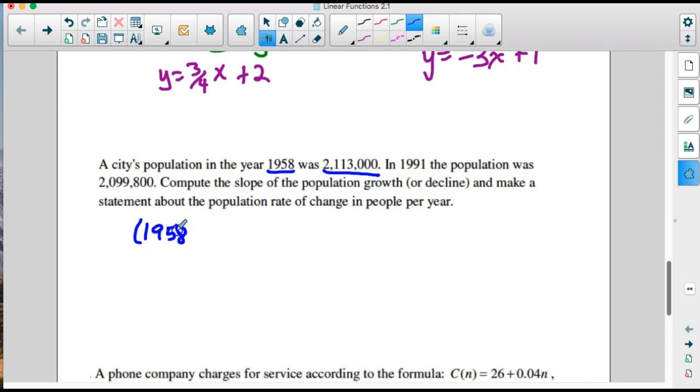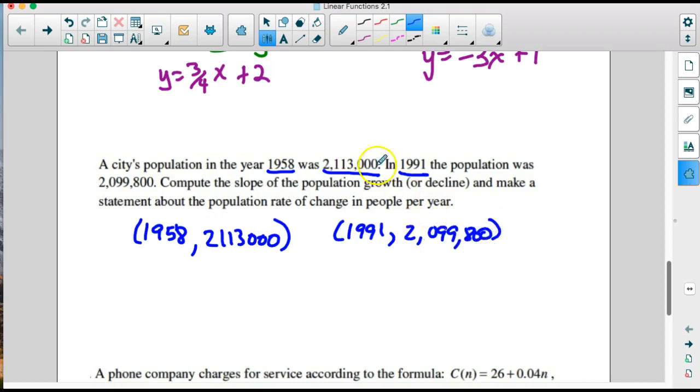(1958, 2,113,000). And in 1991, that's another point, (1991, 2,099,800).